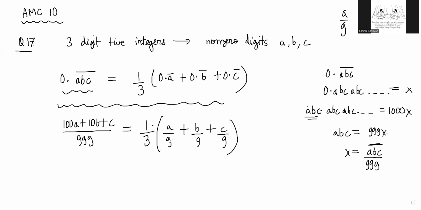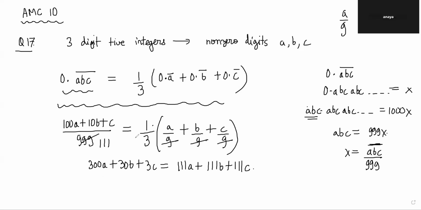We can take a 9 common and cancel. 111 will come and then we simplify it out. We get 300A plus 30B plus 3C is equal to 111A plus 111B plus 111C, right?